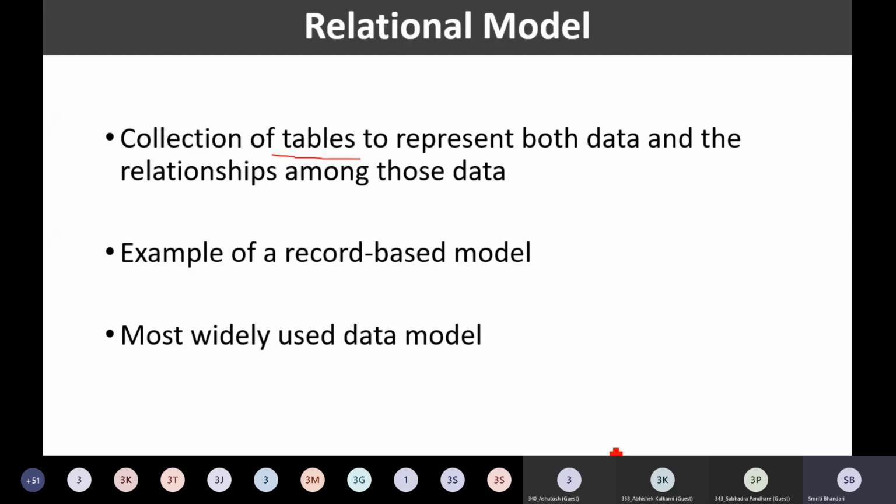So the instructors are stored as records, the students are stored as records, and the relationship between them is also stored as records. And this relational model is the most widely used data model whenever we build any database management system.